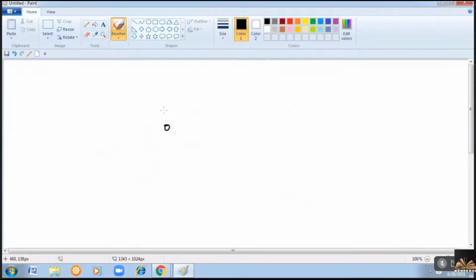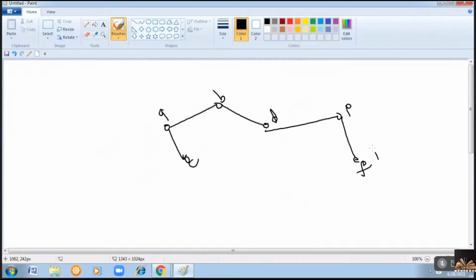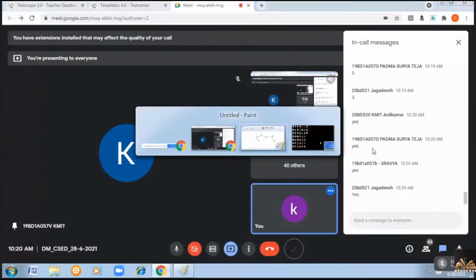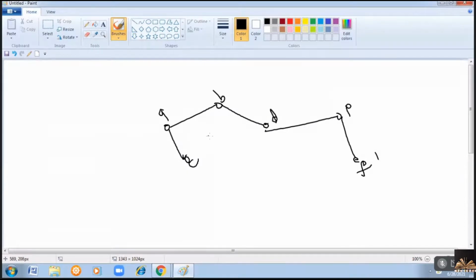If you have a graph like this, is it a connected graph or not? You tell me. Yes, it is a connected graph, because from every vertex in the graph there is a path to every other vertex in the graph.